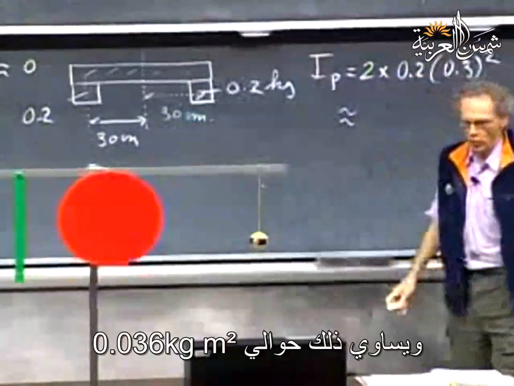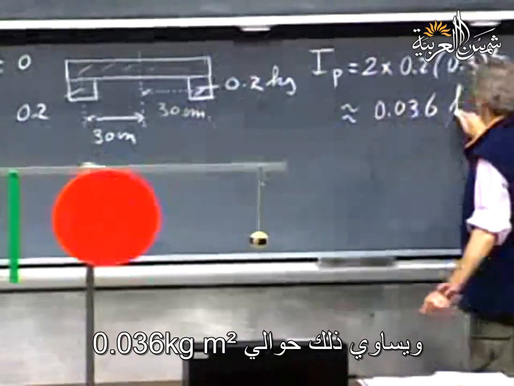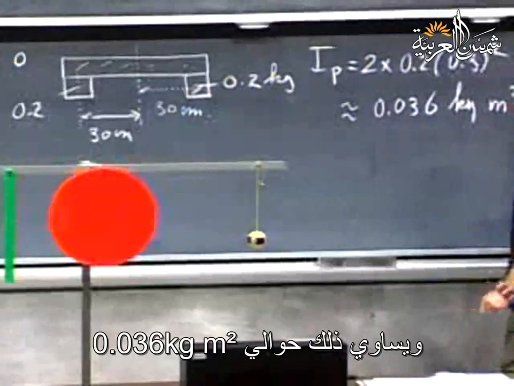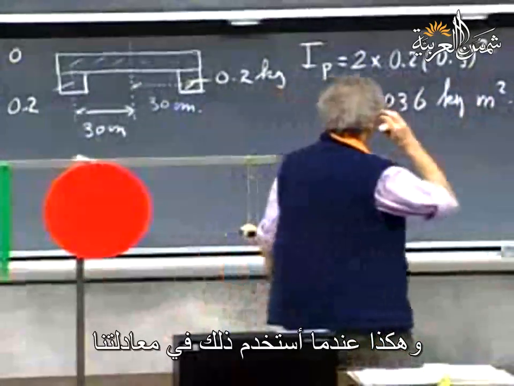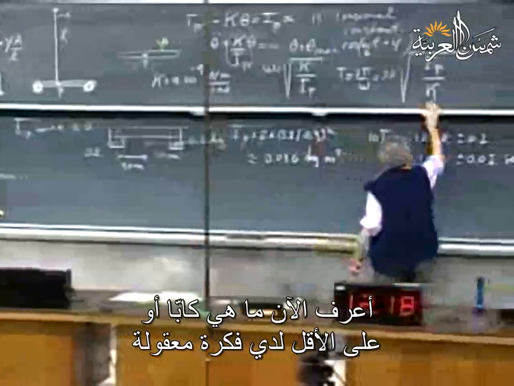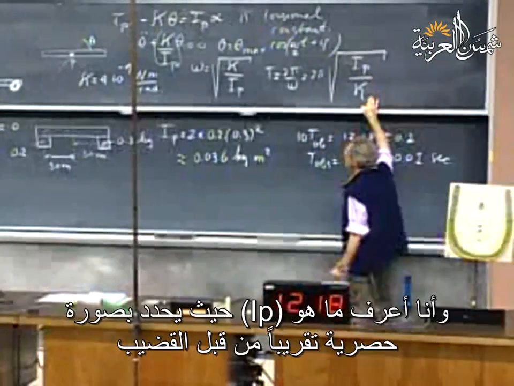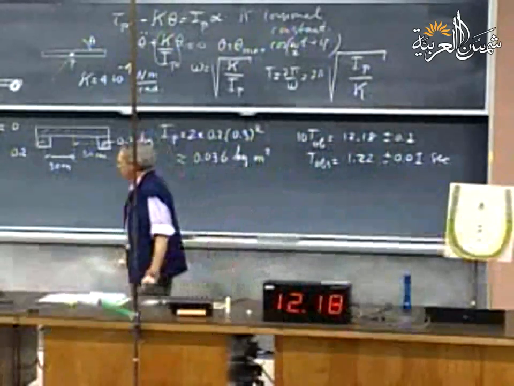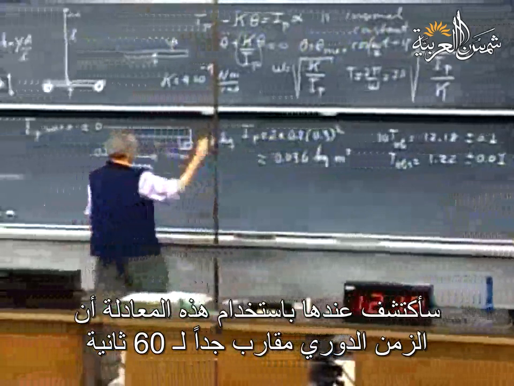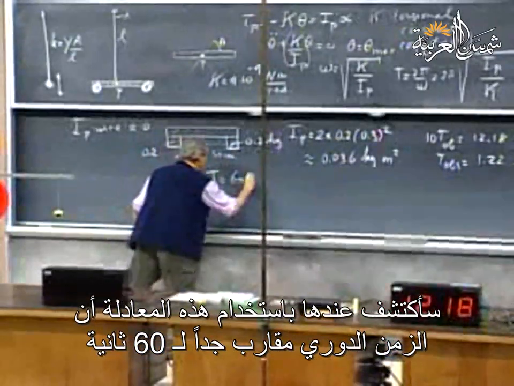And that is about 0.036 kilogram meter squared. And so when I use that in our equation, I know now what kappa is, at least I have a reasonable idea what kappa is, and I know what I_P is, that's almost exclusively determined by that crossbar. I will find then, using that equation, that the period is very close to 60 seconds.